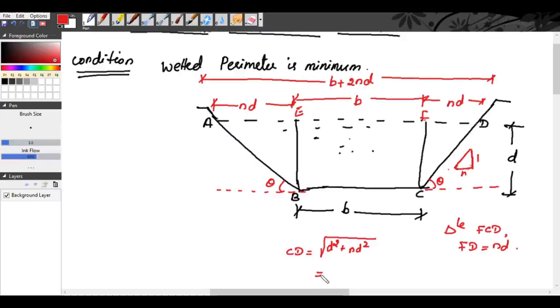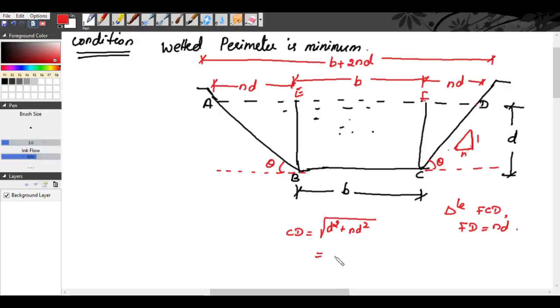So we can take D common. So D into square root of 1 plus N square, right? So this sloping side is equal to D into square root of 1 plus N square. So hope you understood the different dimensions, or the description, of this trapezoidal channel.